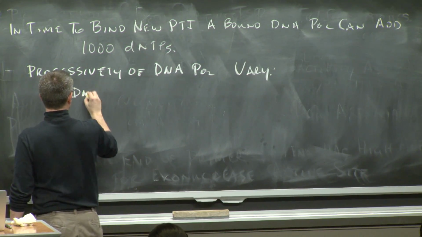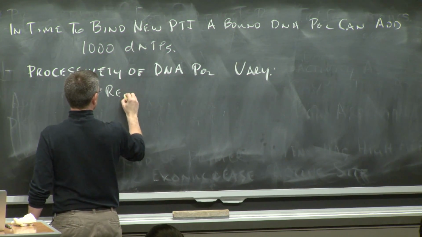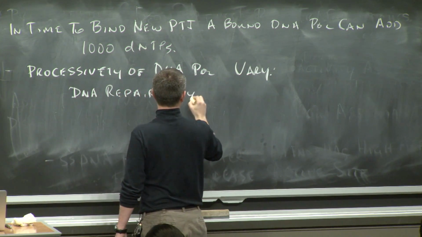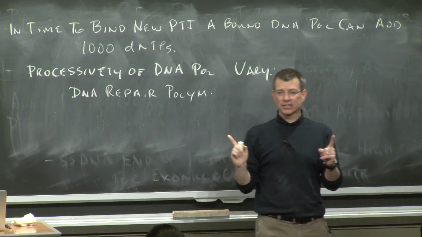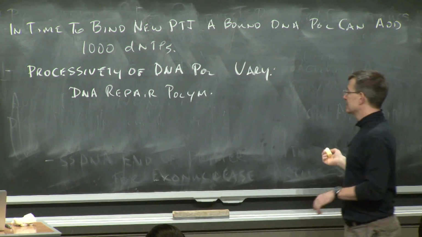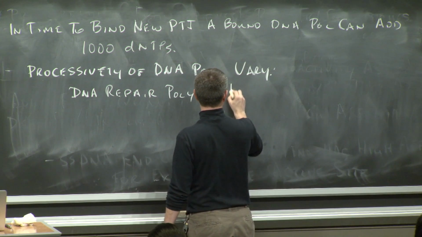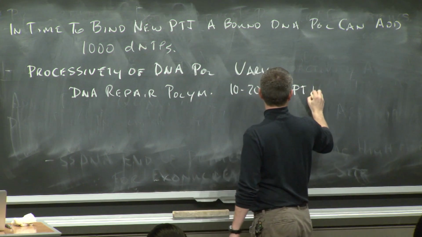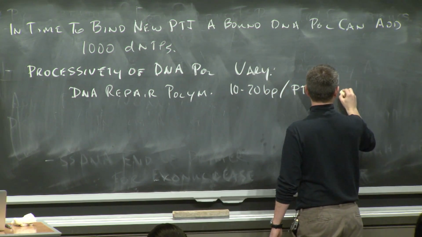So for example, DNA repair polymerases, which typically only need to repair very short patches of DNA, have low processivity. So their processivity will be something like 10 to 20 base pairs per primer template junction binding.